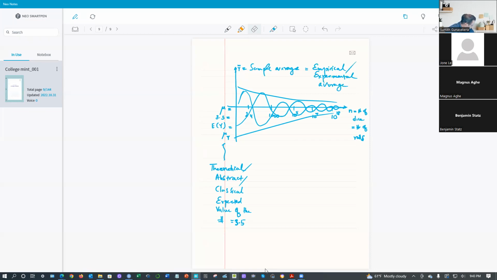So they think your y bar comes and settles down to mu when you increase n. This is what is called the law of large numbers, LLN. That's what they were talking about.